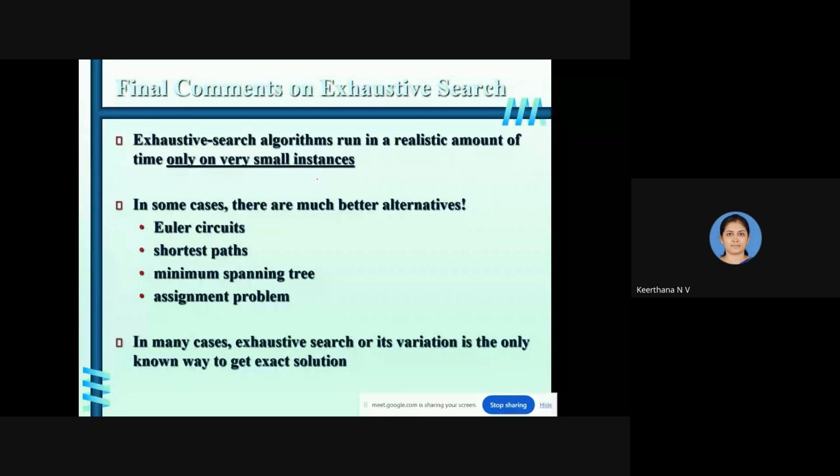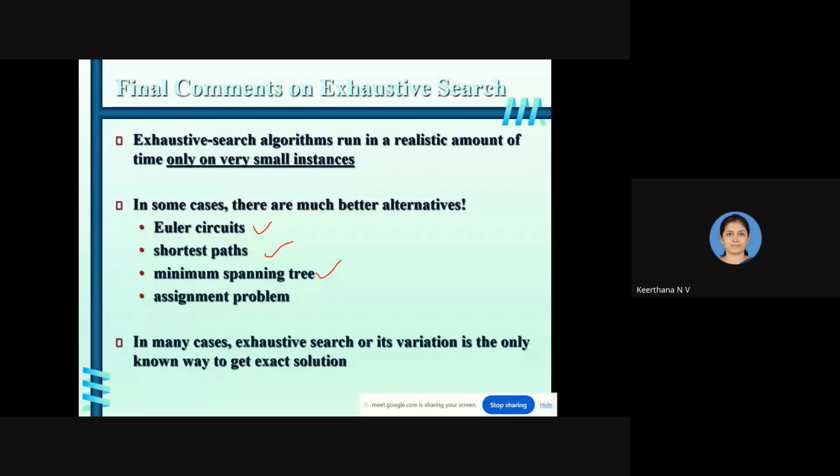So this exhaustive search, if you apply it on every application, will give you only a small amount of execution time. So instead of exhaustive search, what kind of algorithm can I apply on these techniques? You can apply Euler circuits, shortest path algorithms, or minimum spanning tree.